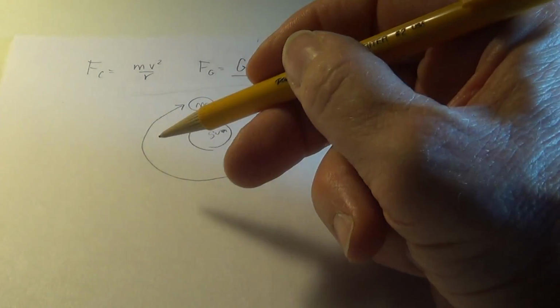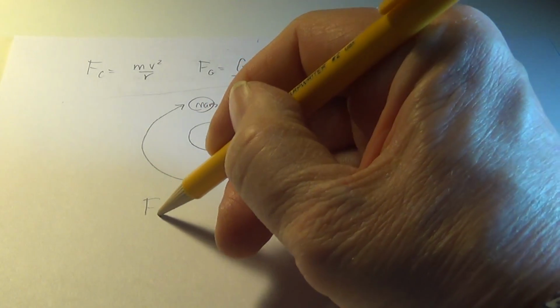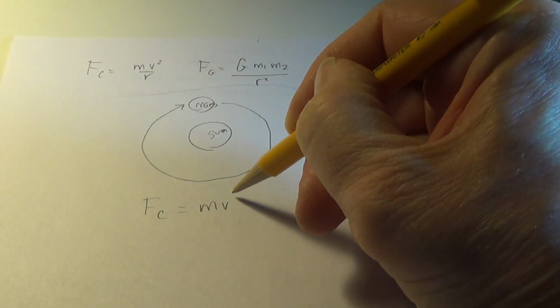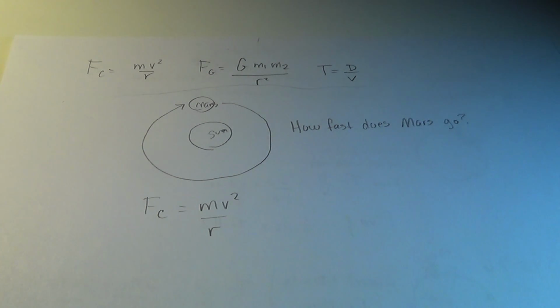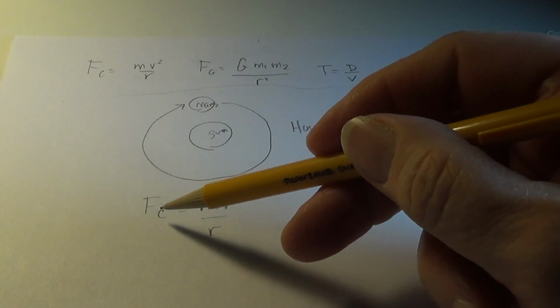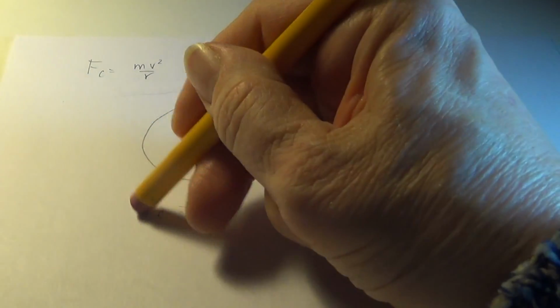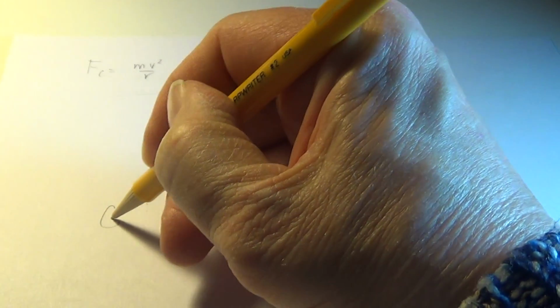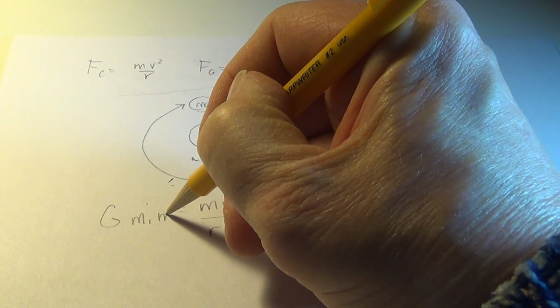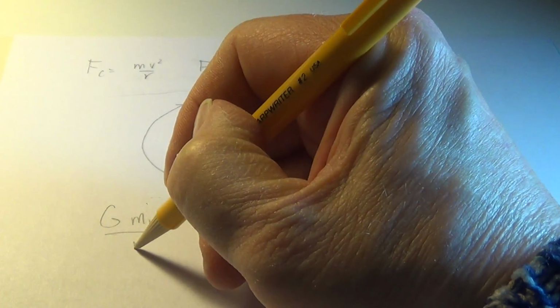Well, we know that force centripetal, and anything I write down on this paper you write down as well, is mv squared over r. But what is the centripetal force? Well, it is gravity. So I'm going to grab gravity right here. It's going to be Gm1m2 over r squared.